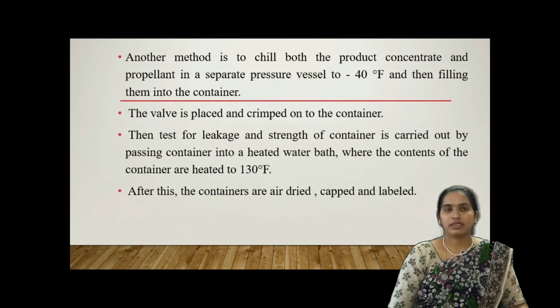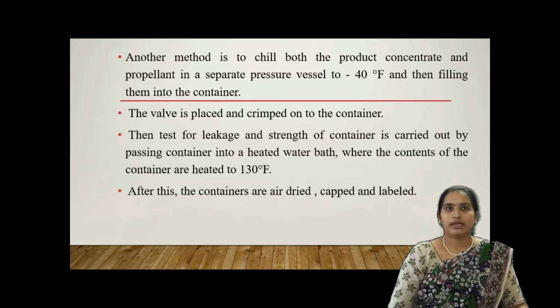In another method, both the product concentrate and propellant in separate pressure vessels are cooled to -40°F and then filled into the chilled container. After filling the product concentrate and propellant into the container, the valve is placed and crimped onto the container.